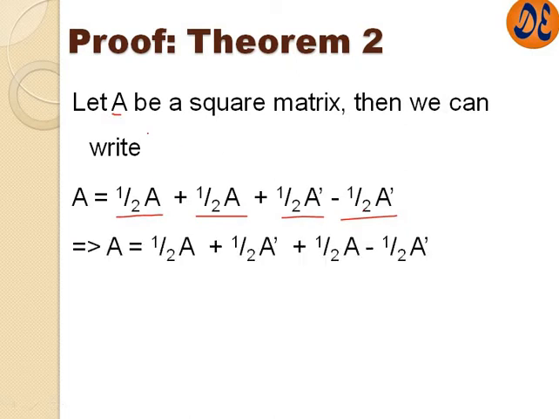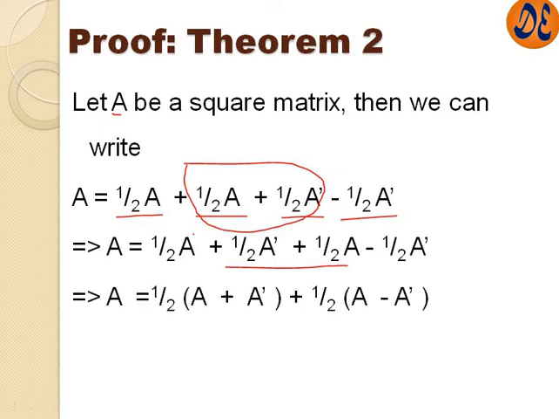Again we can interchange, because we know the property of matrices: if they are interchanged, the value does not change. Now again the scalar multiplication property. Just remember the property of scalar multiplication of a matrix. We are getting these two here.